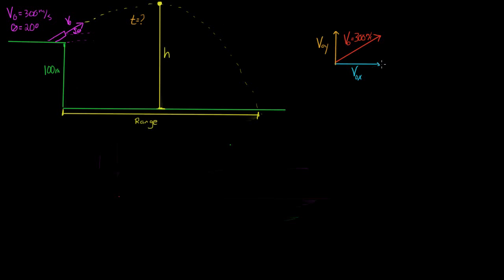And given an angle of 20 degrees, we know that v naught y is going to be equal to v naught times the sine of this angle, so 300 times sine of 20, and this is equal to 300 sine of 20 degrees.